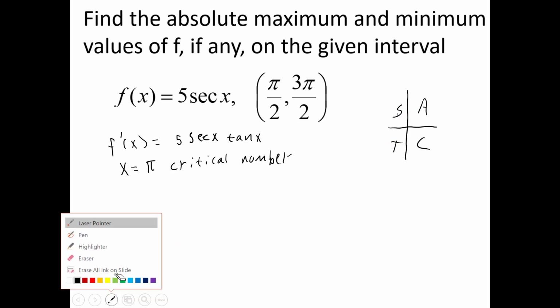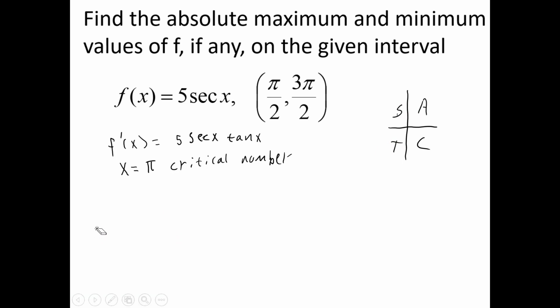And so let's go ahead and make our sign chart. And we're making a sign chart for f prime. And so our only critical number, we're only looking in the interval from pi over 2 to 3 pi over 2.